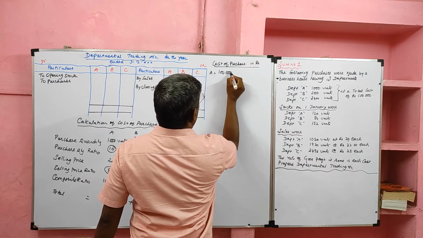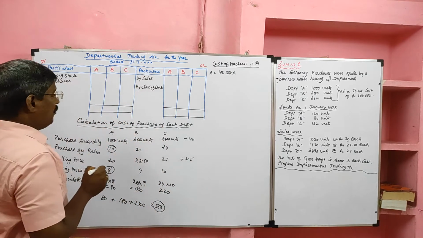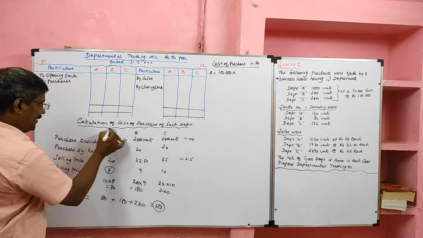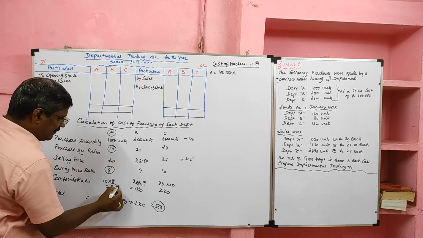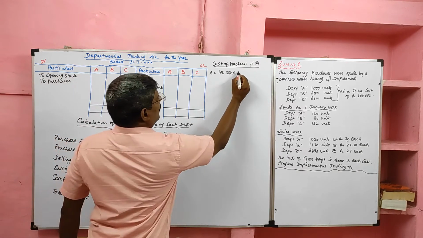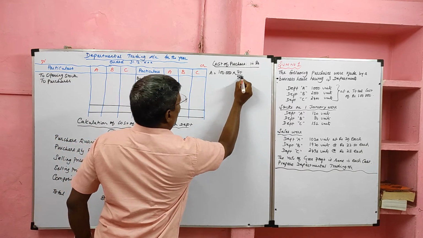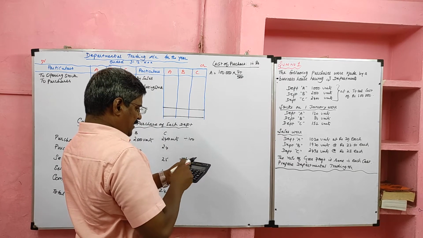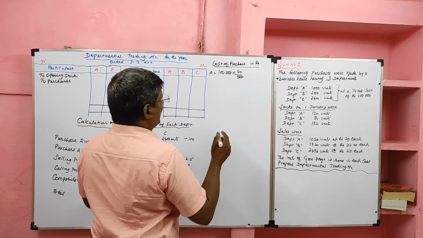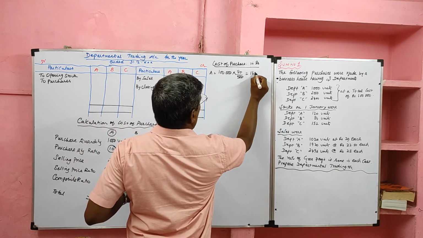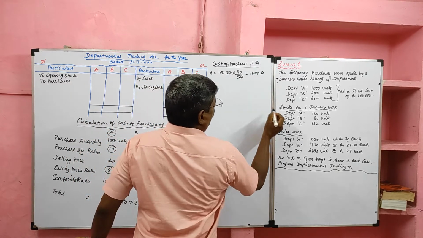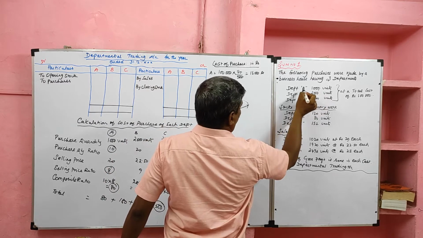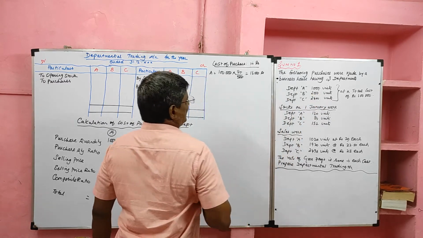So 1 lakh into composite ratio of department A, 80 by 500. 1 lakh into 80 by 500, we'll get 16,000. So they bought 1000 units of goods for department A at a cost of 16,000.